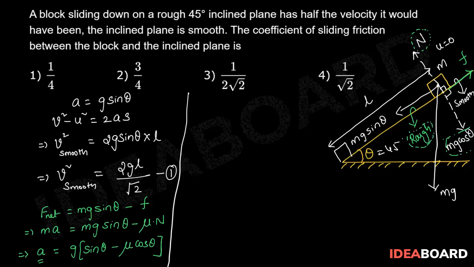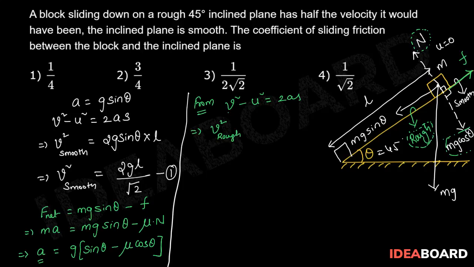So this is the acceleration with which the block will slide down the inclination when the surface is rough. To find out the velocity attained by the block on reaching the foot of the inclination, again we use v square minus u square is equal to 2as. So we are calculating v on rough surface, we write it as v square rough.